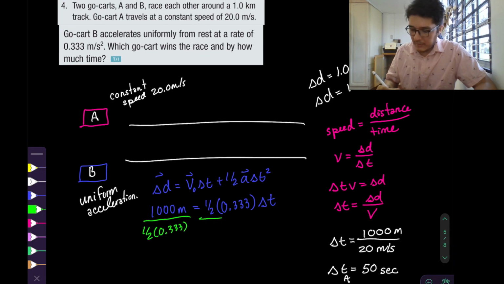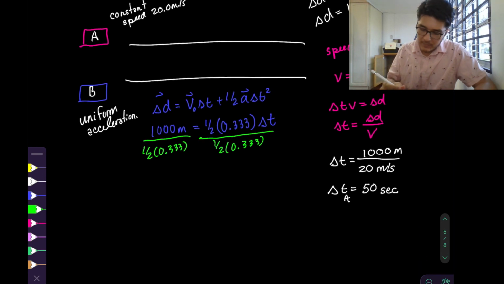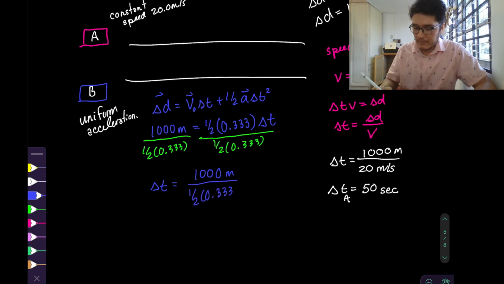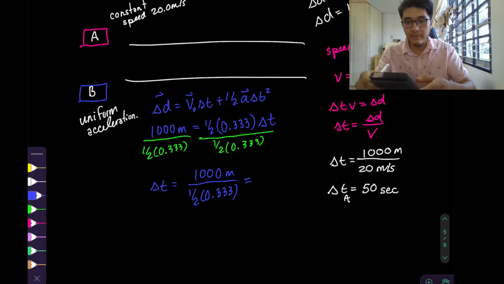So we're going to divide by the coefficient. So if we do this, our change in time will just be 1,000 meters divided by 1 over 2 times 0.333. So let's put this into the calculator.